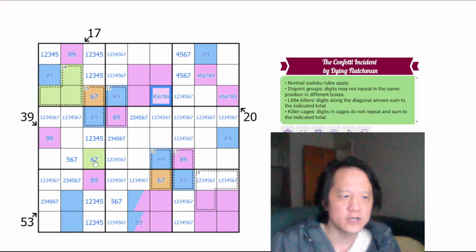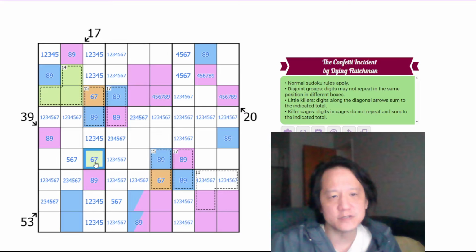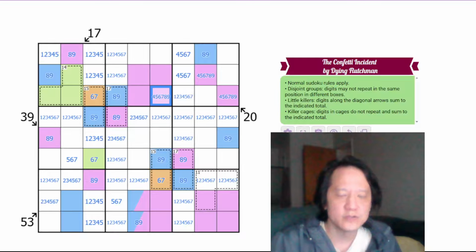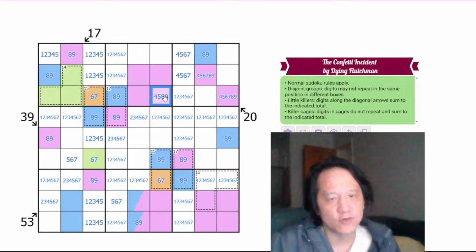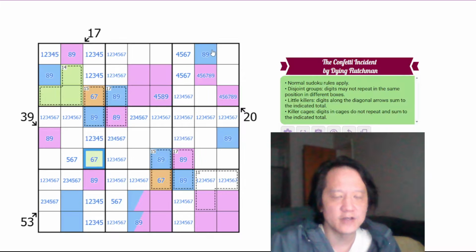Because if you try to have 7 with another digit, you can't have 7, 7 because they're in the same position. So you can't have 7, 6. Oh, you can't. This is 6 and 7. So that eliminates 6 and 7 here. If you try to go down from this being 8, say, to 5, you have 5, 7, and 9 at most here.